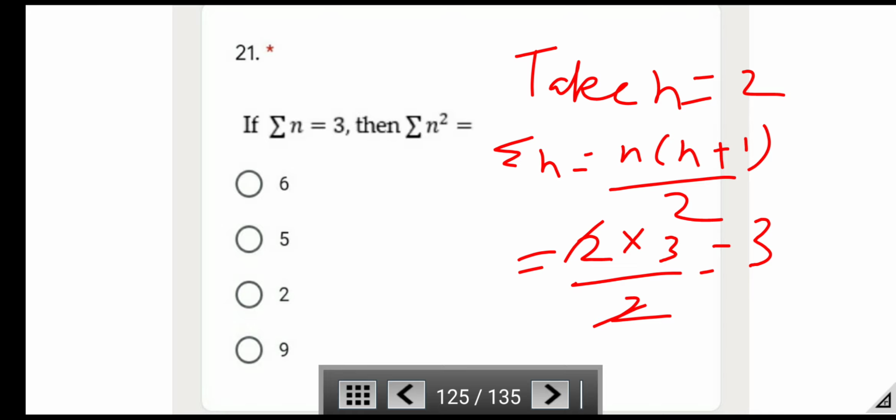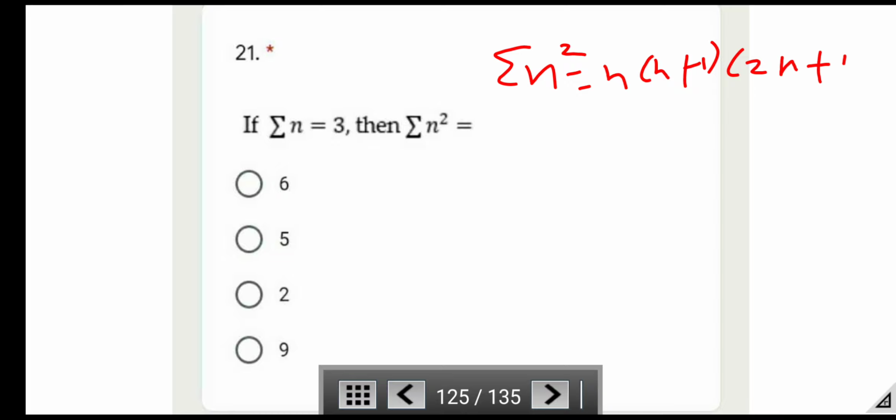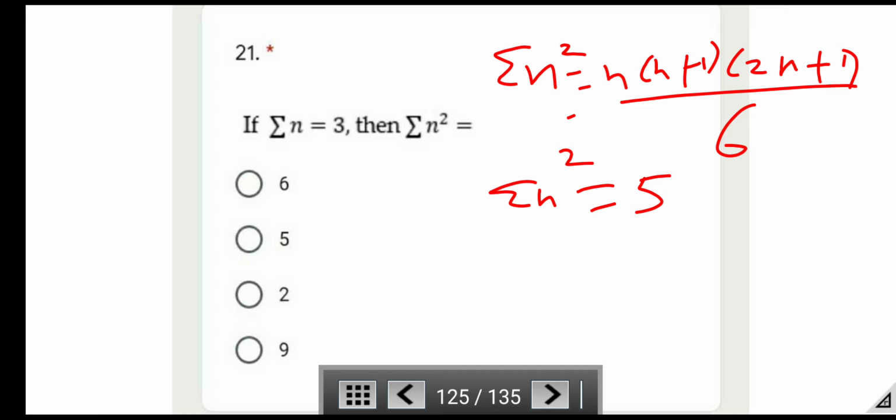That is, summation n is equal to 3. Now summation n square is equal to n(n plus 1)(2n plus 1) divided by 6. Now put n is equal to 2 in this equation, we get summation n square is equal to 5. You can easily solve this.